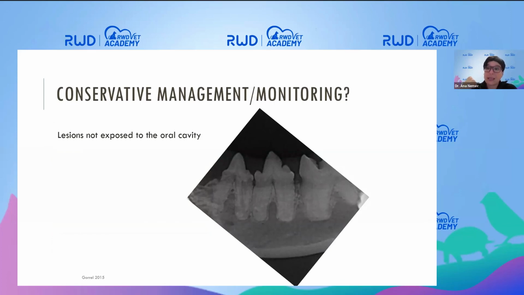But the fact is that we have no idea how fast the disease will progress, and maybe this tooth will become a problem in the next month or in the next year. So that's why these teeth that are radiographically affected but showing no clinical signs of disease are another gray zone, where we just need to discuss with the client and decide either monitoring or treating it.